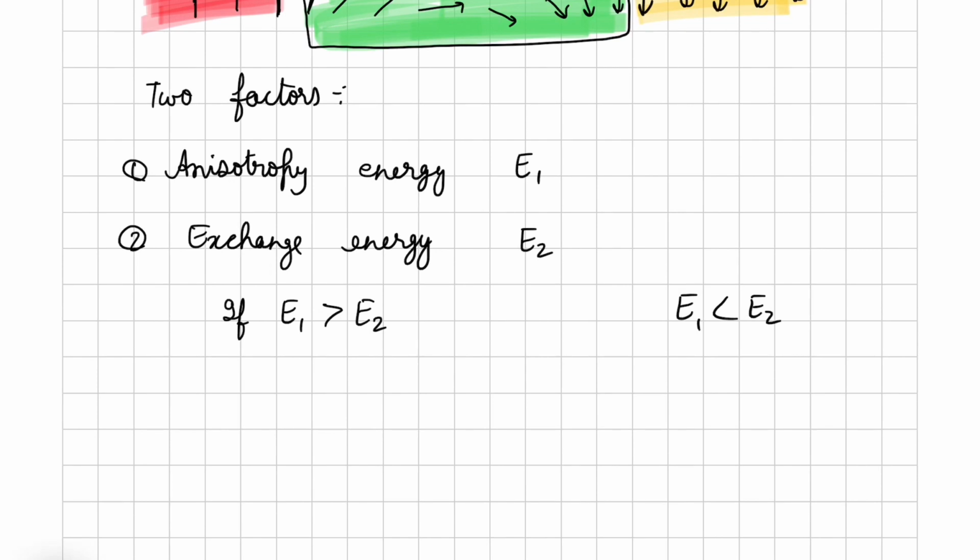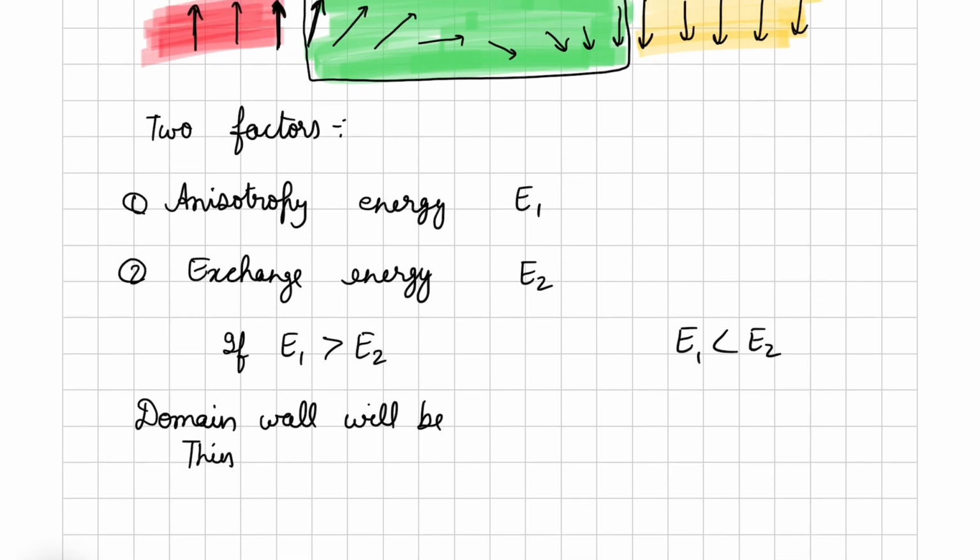Why? Because the material will prefer to undergo magnetization in the easy direction. So the domain wall will be thin, because E1 is greater than E2. The anisotropy energy wants to rotate the spin along the easy axis direction.